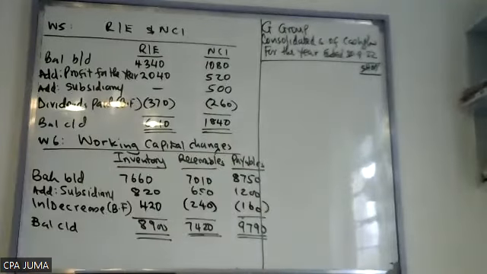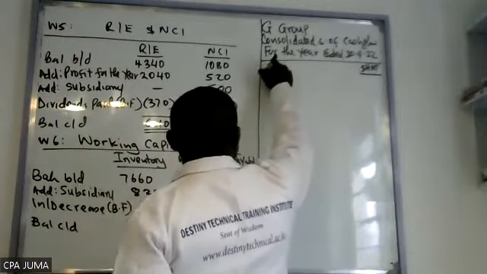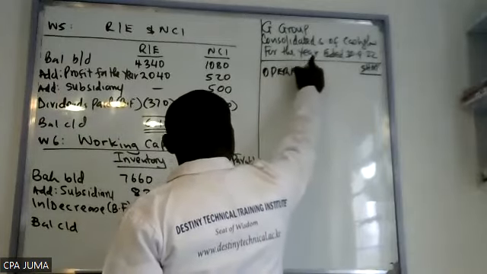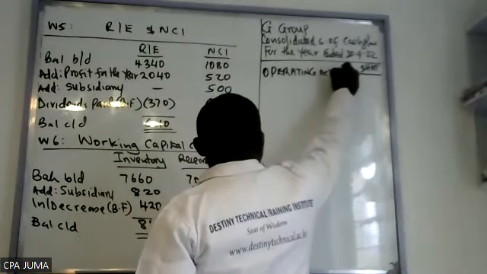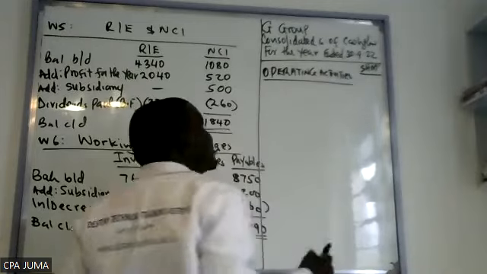Shillings are in millions. So operating activities.